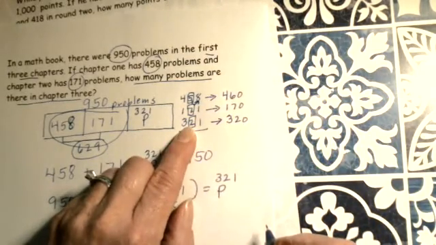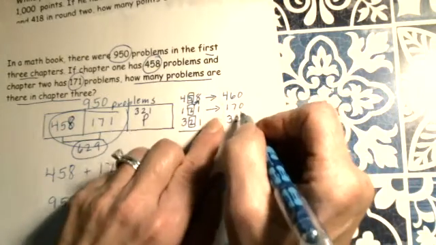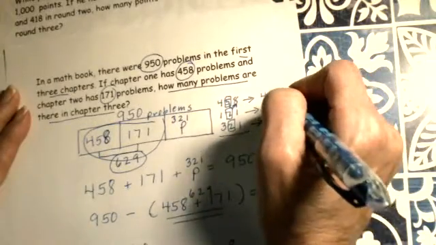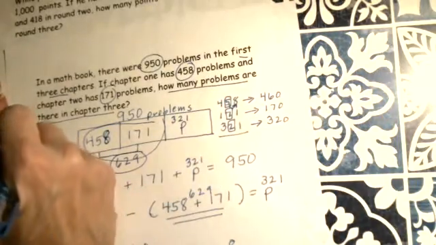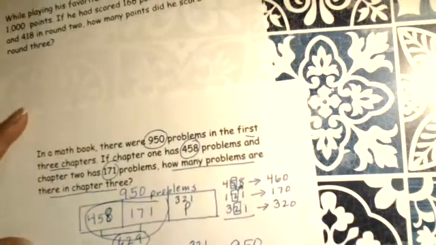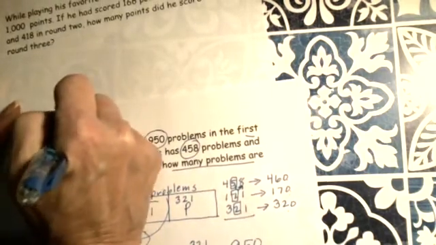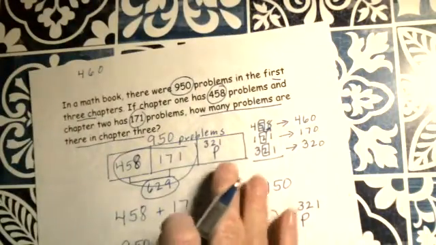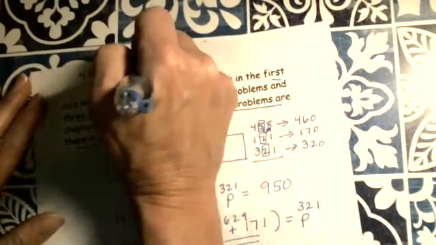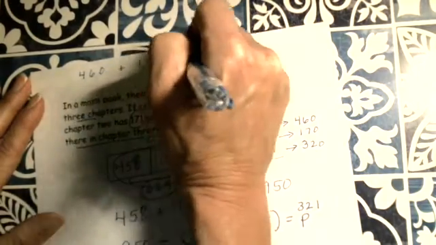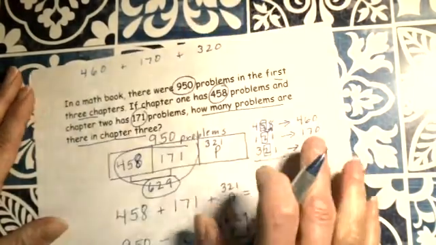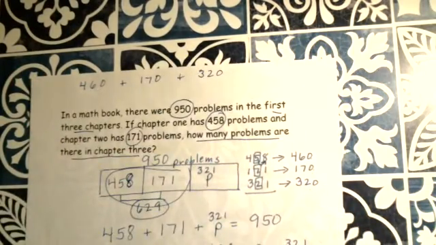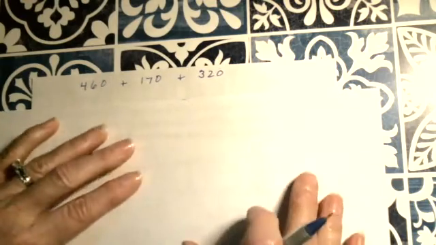So now if I estimate 460 plus 170 plus 320, this is going to get very messy, guys. I'm going to use another way to show my estimate so I don't totally confuse you.